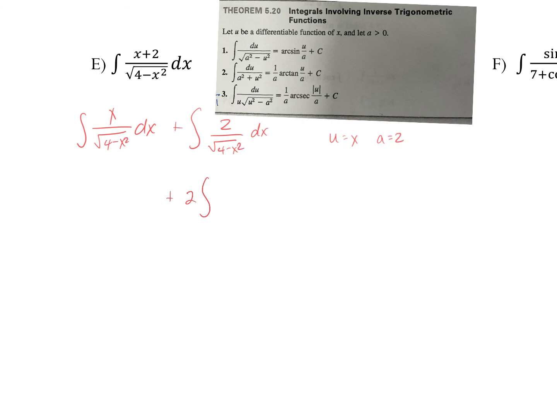So if I pull that 2 up front, and du would equal dx, I'd have du on top, square root of a squared minus u squared, which is 2 times, if I take the integral of that, 2 arc sine of x over 2 plus c. Does that feel okay? Then what do we do about this first one?